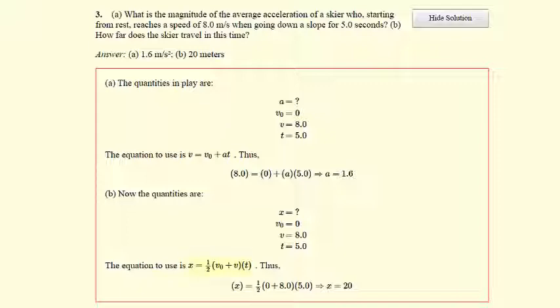This is the only one that doesn't involve an a. So let's write that down. 1/2 times 8.0 plus 0, times 5. That's 20. I did that right. 20 is my final answer.